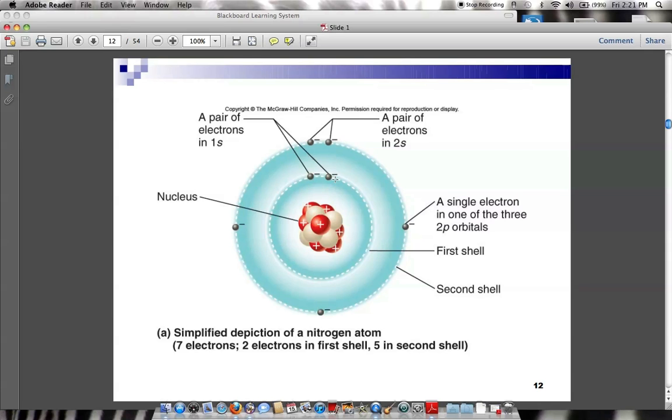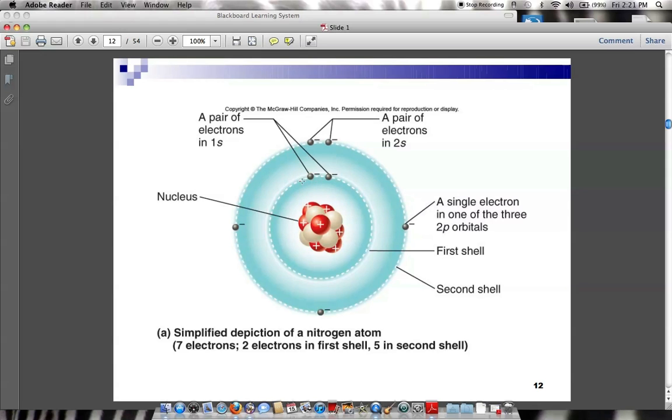You'll learn more about that in chemistry. What I want you to understand here is that there are a certain number of electrons in each of these outer areas, these shells or orbitals. And there are maximum numbers that each of these energy levels can have.